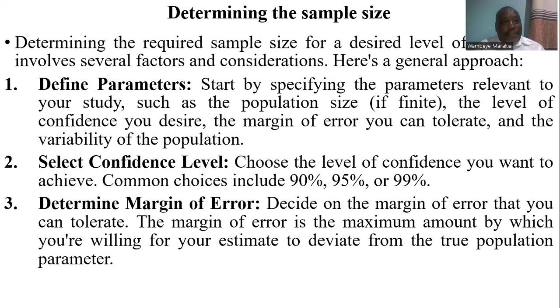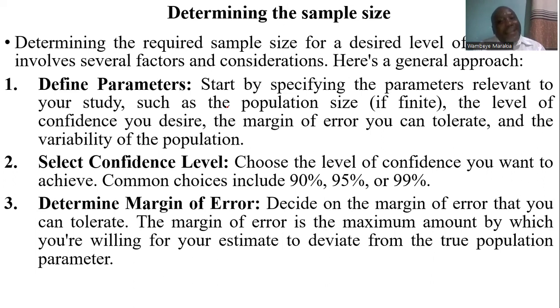The first step: define the parameters in your research. Start by specifying the parameters relevant to your study, such as population size, if finite, and the level of confidence you desire. I've talked about either 95, 90, or 99.